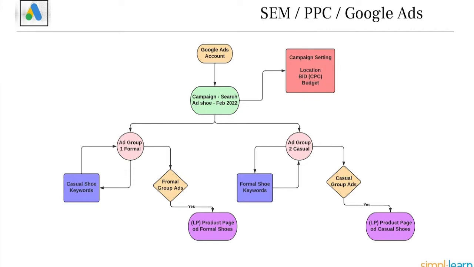And vice versa, if somebody searched for a casual term like casual shoes, sports shoes, jogging shoes, running shoes, then this ad group would trigger, and the casual shoes ad with all the headlines related to those casual keywords would be shown, and accordingly if somebody clicked, then the landing page of casual shoes would open.